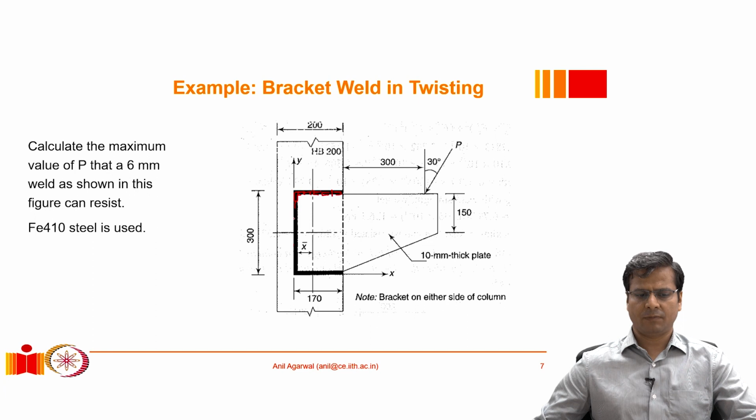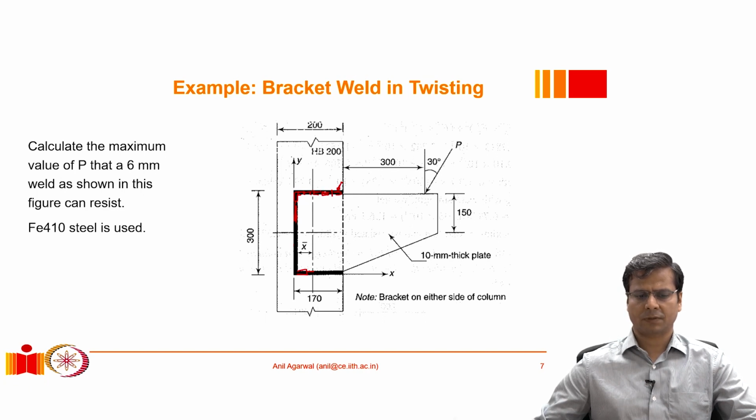So if every weld portion has equal stiffness, irrespective of its orientation, so this weld is in this orientation, this weld is in this orientation, but when subjected to this load, we are making an assumption that they all have the same stiffness. We will get into that point where this assumption is not really true. But for the time being, we are making that assumption.